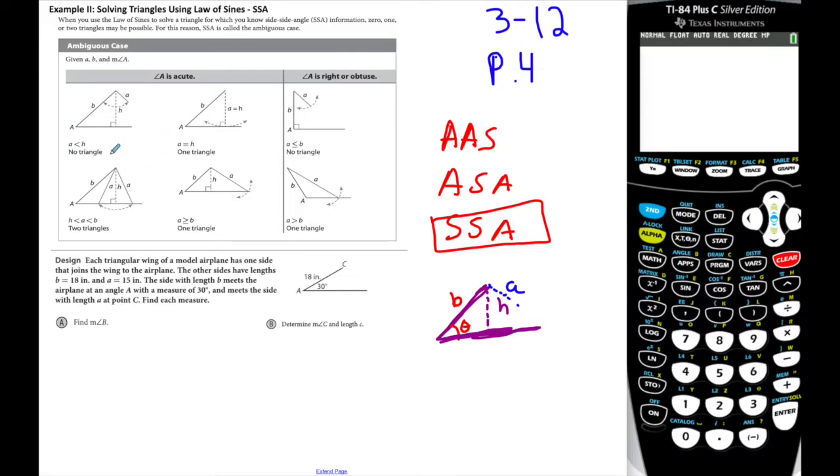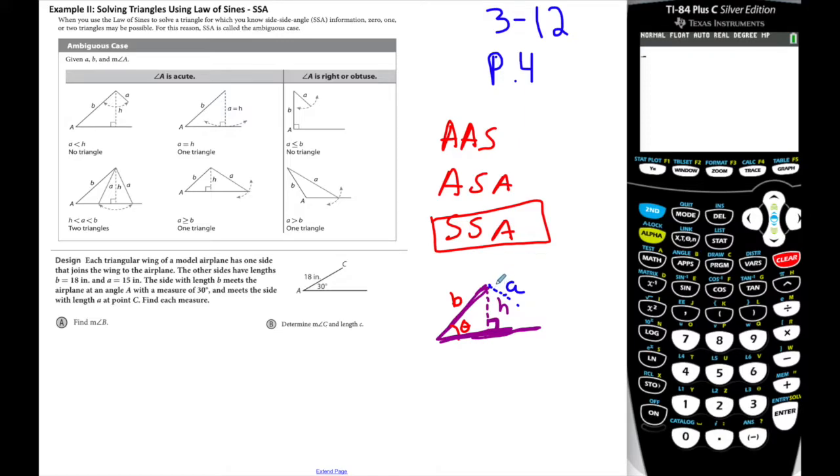Okay, on the other hand, if a is actually equal to h, then a will come straight down and you'll form a right triangle. That's the only way that can happen, right? Because if this is h, well, this is forming a hidden 90-degree triangle.